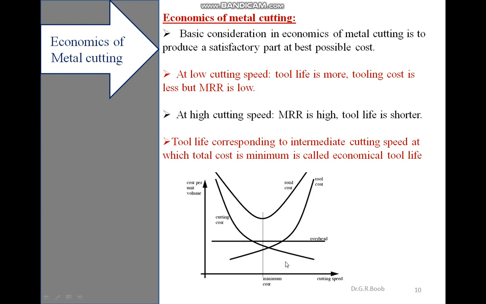So balance between these two: this curve shows total cost, which includes cutting cost as well as tooling cost. The minimum cost can be found at this point, and that will be considered the best possible combination of cutting speed and metal removal rate, at which we can get the minimum cost of metal cutting.